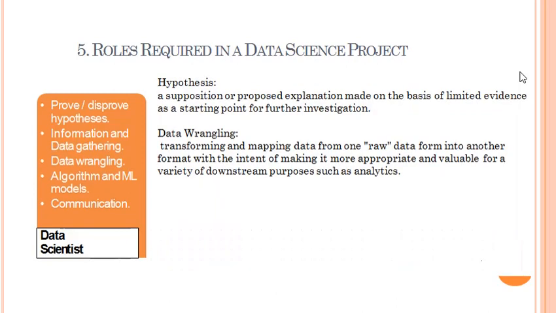So the very first role is the role of a data scientist, whose main idea is to wrangle with the data. The basic objectives of the data scientist are to prove or disprove hypotheses, and information and data gathering, because this is the most important thing in data science: we need to gather the data related to our problem, right?